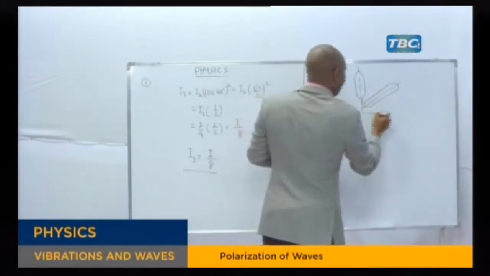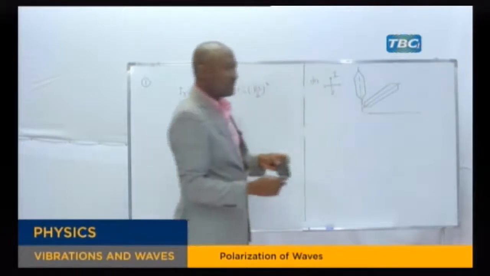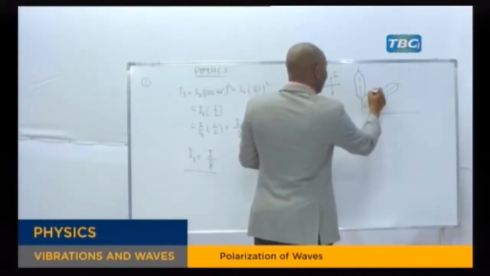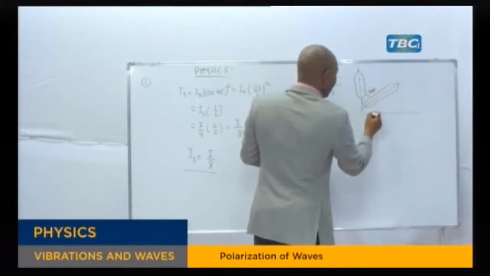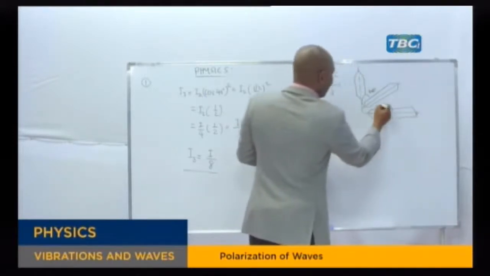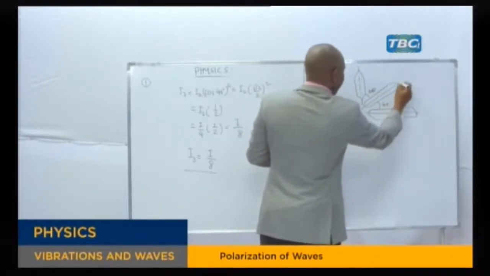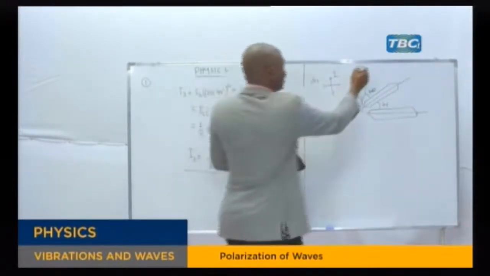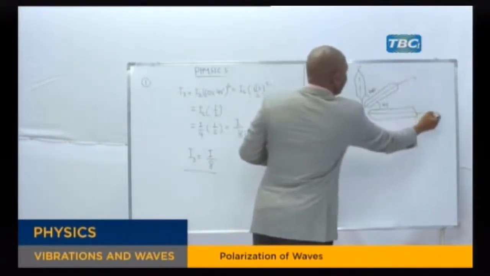The third one is at 90 with the first, so this angle here is 45, and this one is 45 again. Those are the transmission axes. This is the first one, this is the second, this is the third.